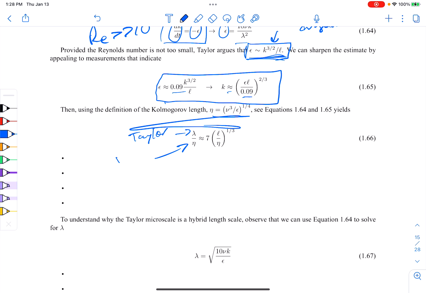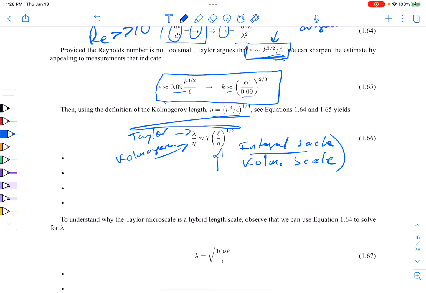This is Kolmogorov's scale, which is the small scale of turbulence, and it goes as the ratio of the integral scale divided by the Kolmogorov scale to the 1/3 power. So that's the largest scale of turbulence divided by the smallest scale of turbulence to the 1/3 times about 7, which is an empirical coefficient, goes as the Taylor microscale divided by eta.